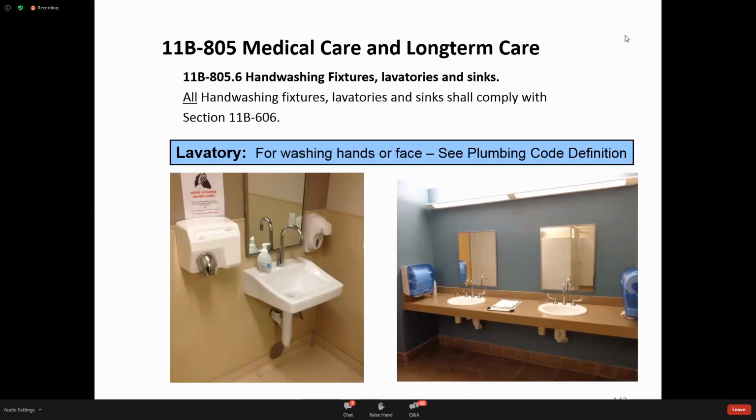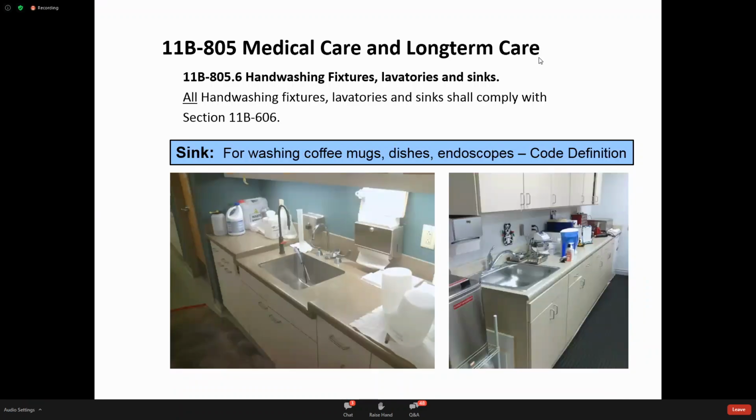Now, I want to define a couple of things. A lavatory, by definition in the plumbing code, is for washing your hands and face, typically found in a bathroom. Separate from that is a sink for washing coffee mugs, dishes, endoscopes, and so on.